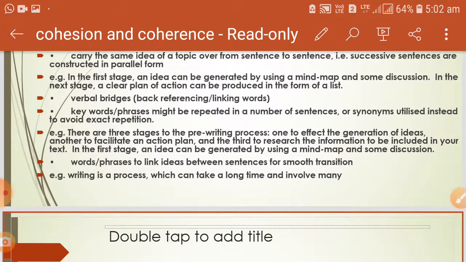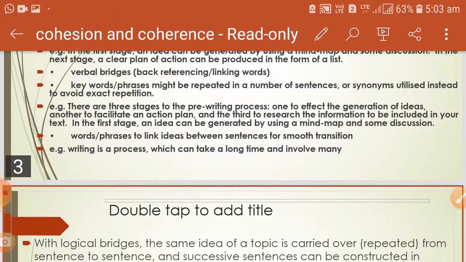One to effect the generation of ideas, another to facilitate an action plan, and the third to research the information to be included in your text. In the first, an idea can be generated by using a mind map and some discussion.